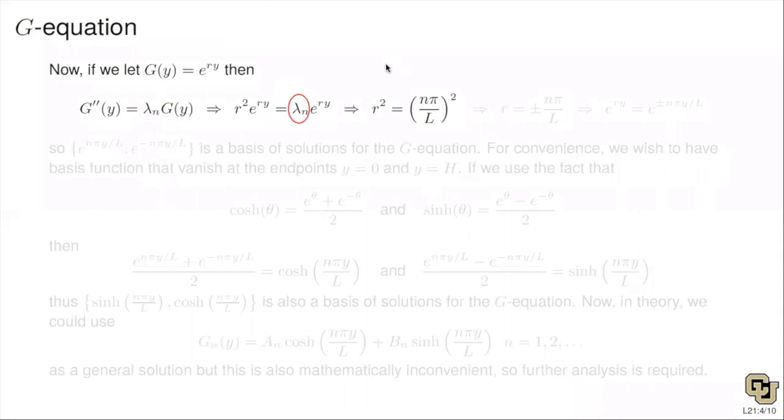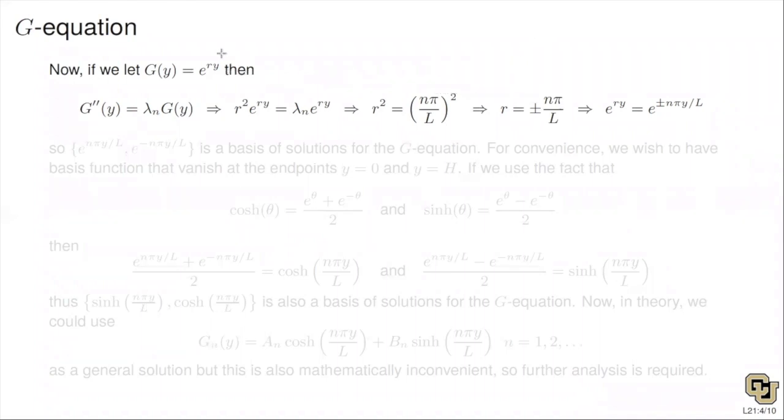So I know R squared equals n pi over L squared because we know what lambda sub n is. First I cancel the e to the Ry. And then we replace lambda sub n with n pi over L quantity squared, which is what we calculated on the previous slide from the F equation. So you take the square root, you get R is plus minus n pi over L, and you plug it back into the exponential function.